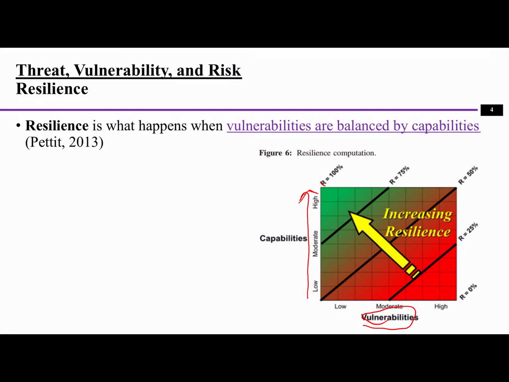Another thing to understand is resilience versus efficiency. Sometimes resilience contradicts efficiency, because the more efficient a system is, the less resilient it may be. Here is an example.